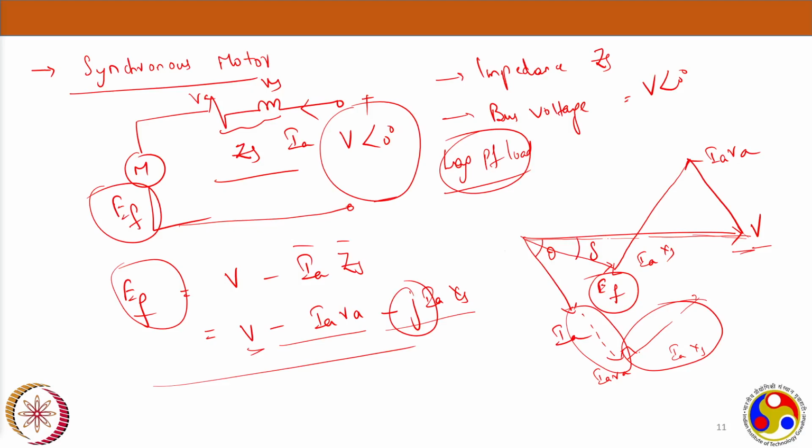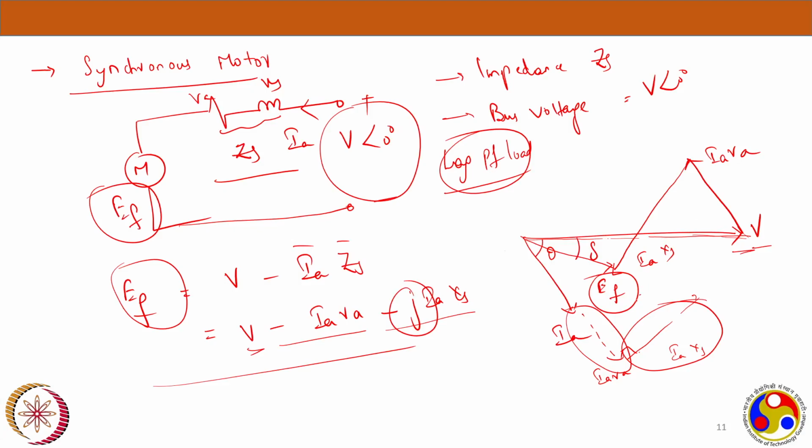So therefore, if a motor is drawing a lagging current, now we see the length of EF, this particular excitation voltage, that is a field developed in the rotor, and the resultant total field, that is V here.